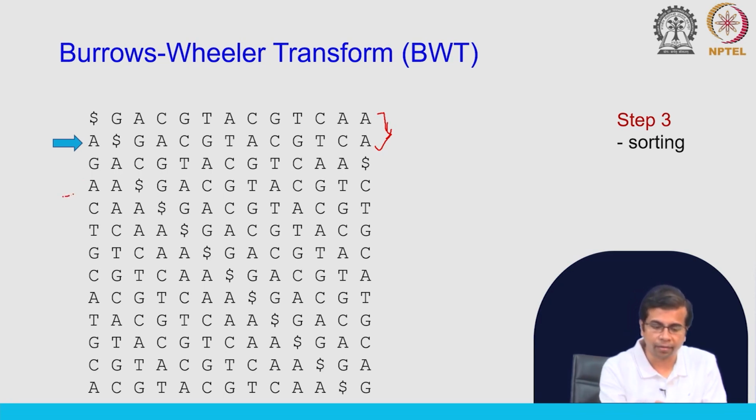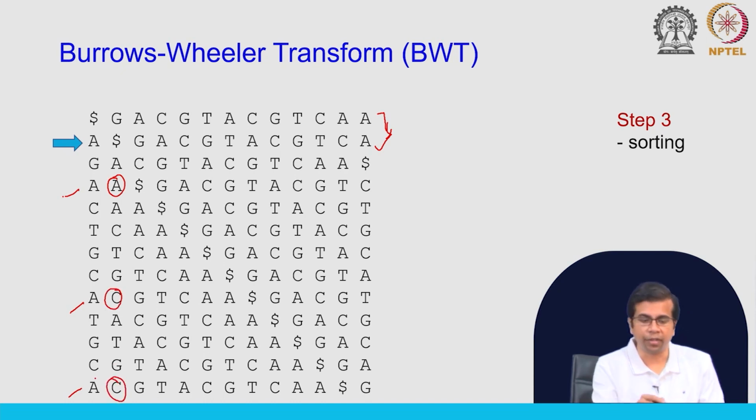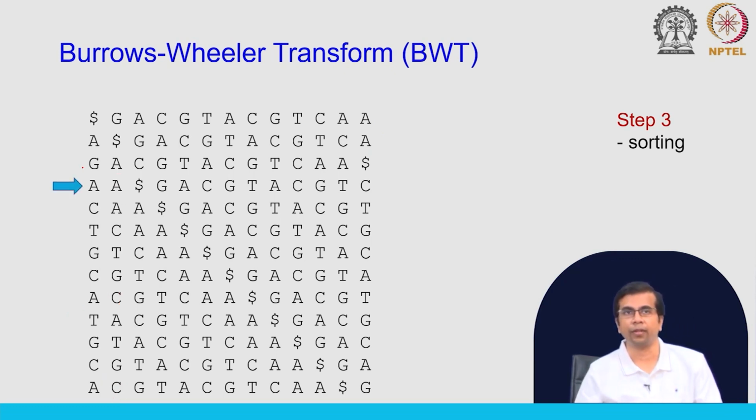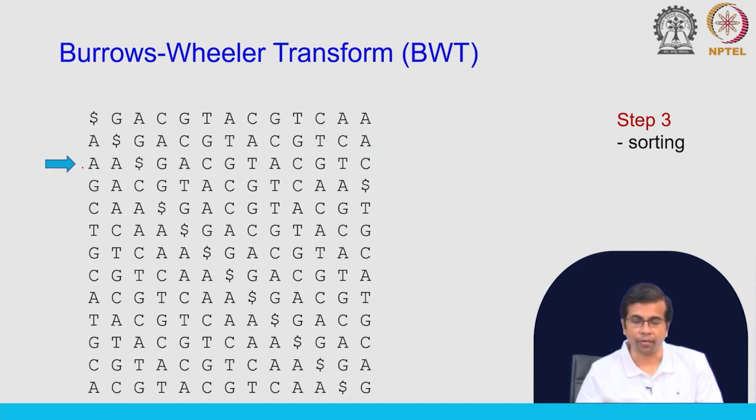You have again these ones with A's, and the first letter is the same for all of them, A, but for this one the second letter is A, for this one the second letter is C, and C here. So, surely this one has to be moved here. So, this one we have chosen and this will move here. This is the third one. Now, this is the sorted part.